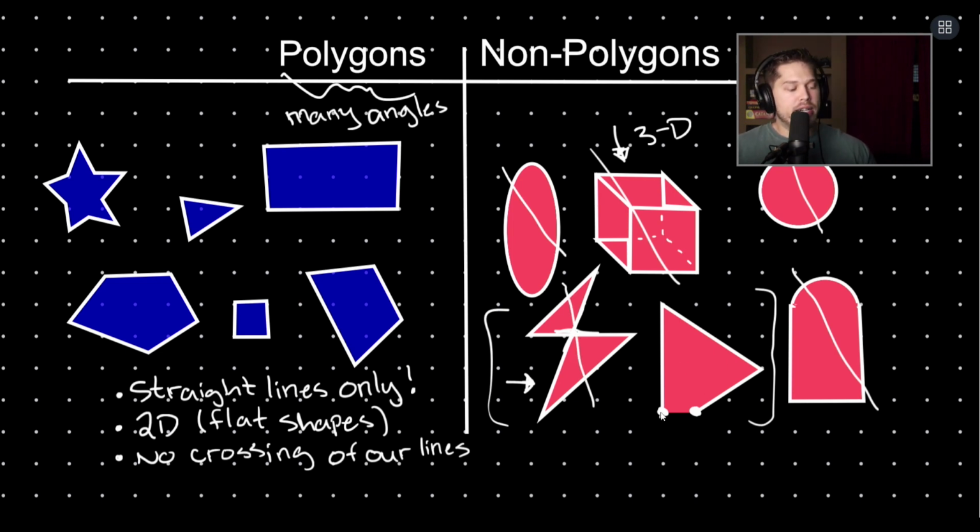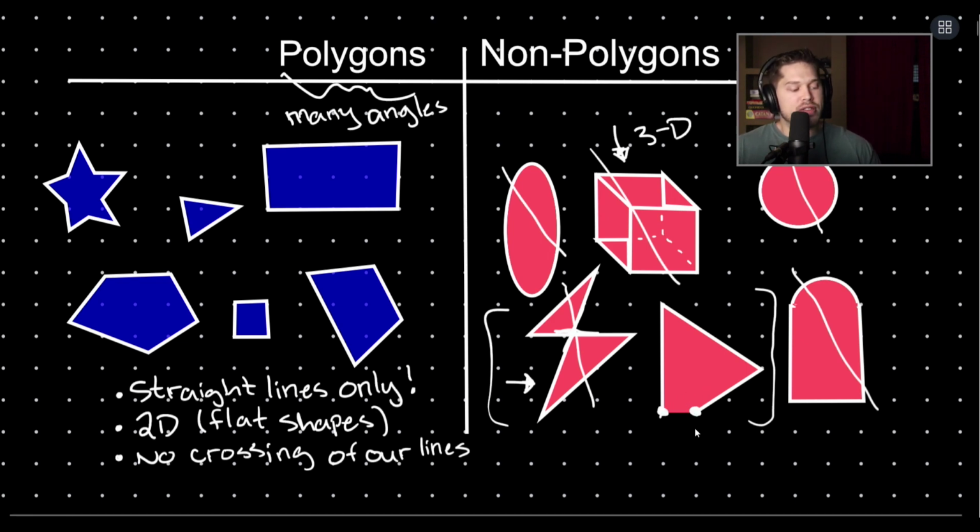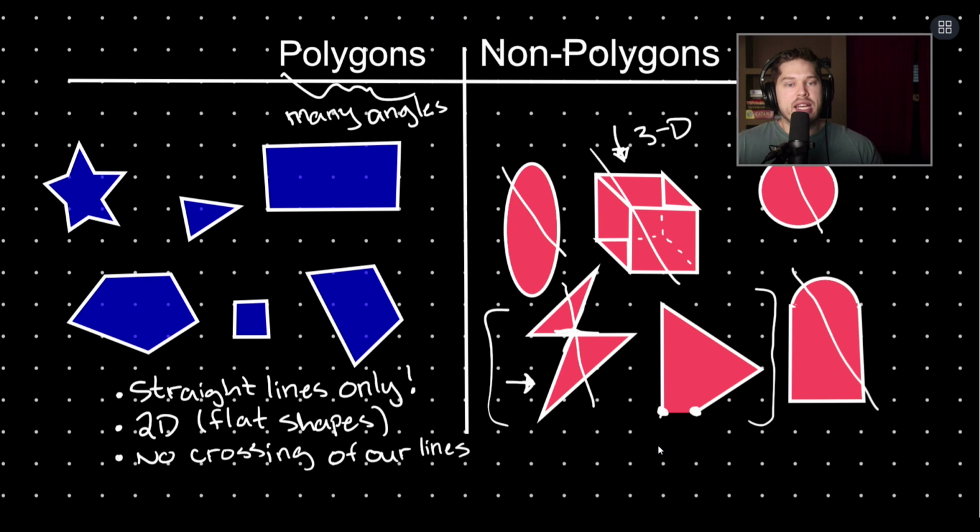And lastly, why is this shape not a polygon? This shape is not a polygon because it is not a closed shape. It's not a fully formed shape. If we had a line here that closed our shape, then it would be a polygon. But because it's just left open here, it is not a polygon.